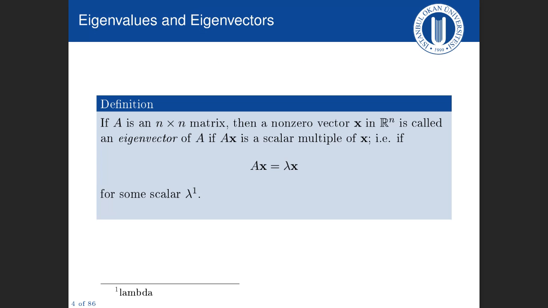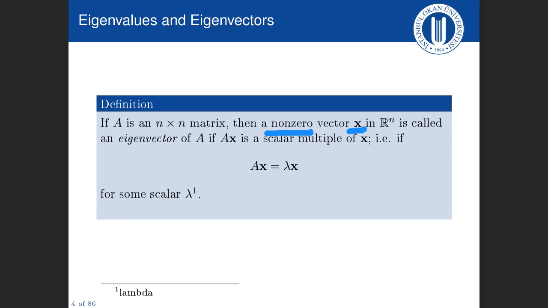Let's give the formal definition. If A is an n by n matrix, so it has to be a square matrix, then a non-zero vector x is called an eigenvector of A if Ax is a scalar multiple of x. In other words, if Ax is equal to lambda x for some number or some scalar lambda. And let me just emphasize, we're only interested in non-zero vectors x.